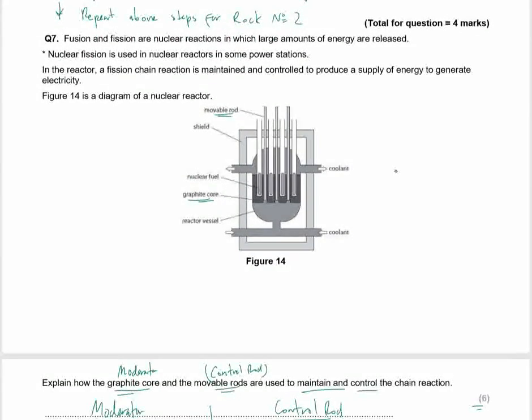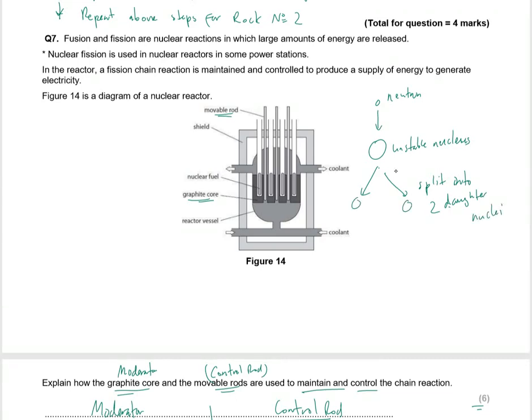In fission, we have one neutron fired at an unstable nucleus, and this becomes more unstable and then splits into two daughter nuclei.